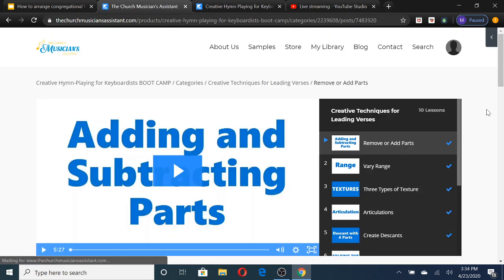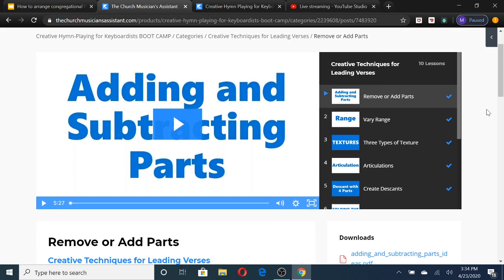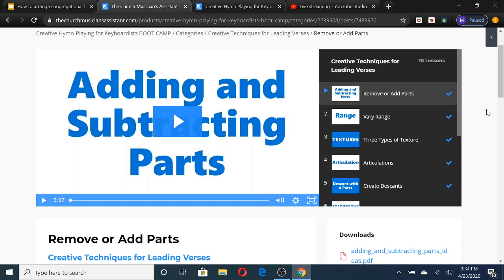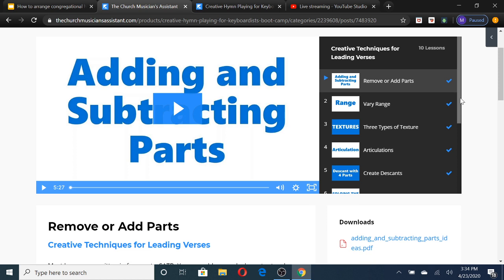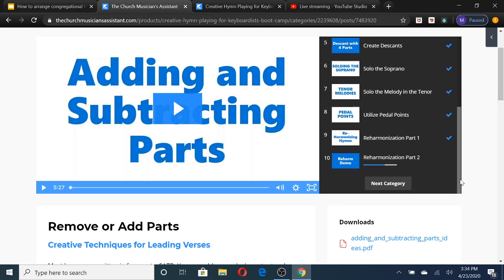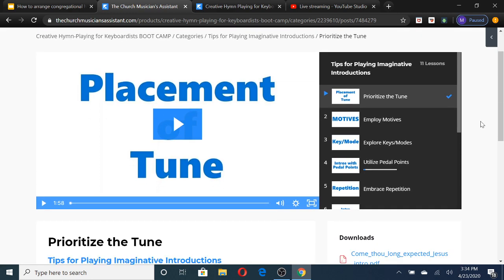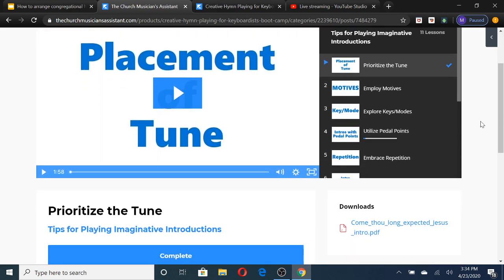Let's explore the other categories. Creative techniques for leading verses. There's like 10 or 11 lessons in this section. Really helpful stuff like creating descants, soloing out melodies, reharmonizing, using pedal points. Next category, tips for playing imaginative introductions, okay?